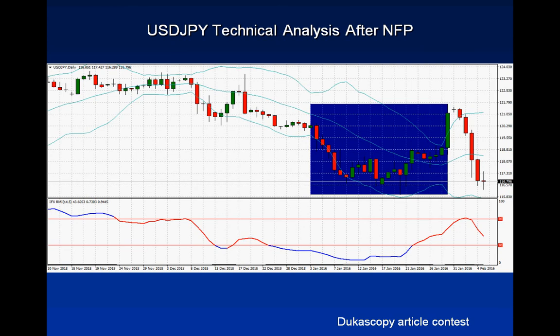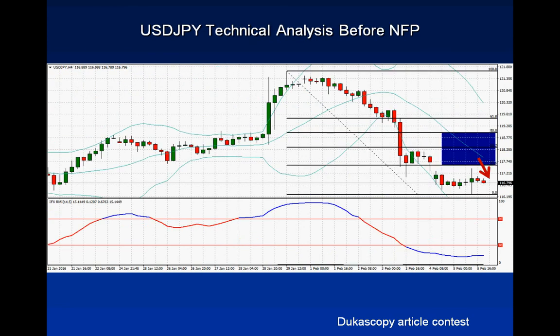Maybe we want to see the Monday close, and maybe then if I see price below 116, I will try to sell. Or if I see price around 119 in that area, in the blue area, maybe I'll try to sell this currency pair.